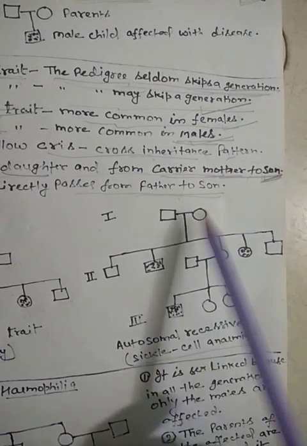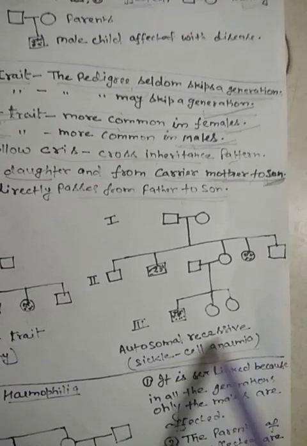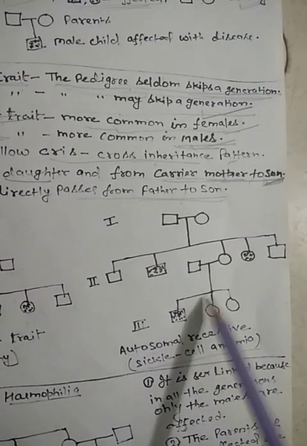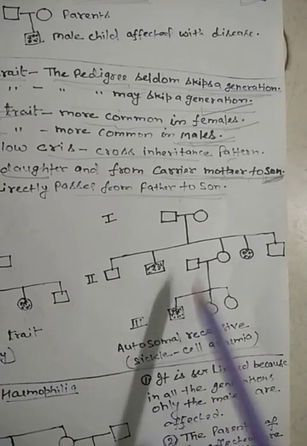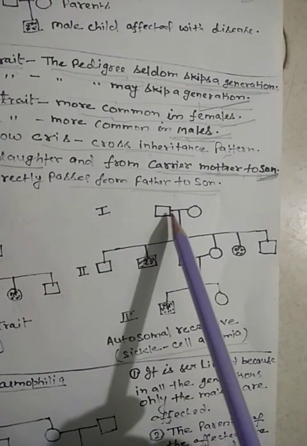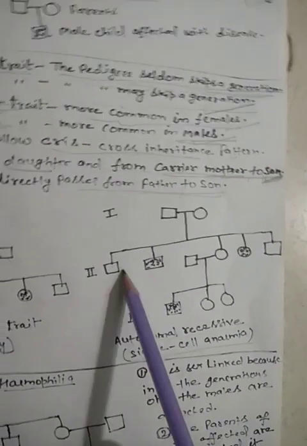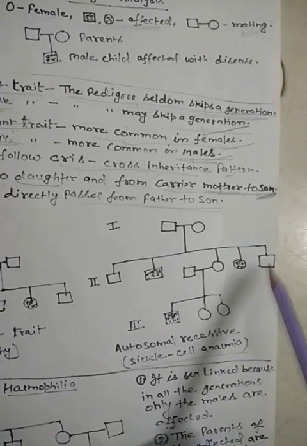Suppose this chart is given to you for the trait sickle cell anemia: present in which person, in which generation. Now you can see in this chart, this is the first generation, and the parents are normal. These are the second generation.